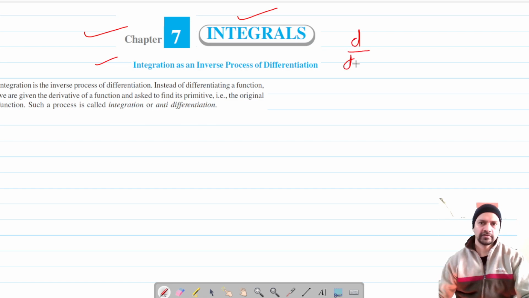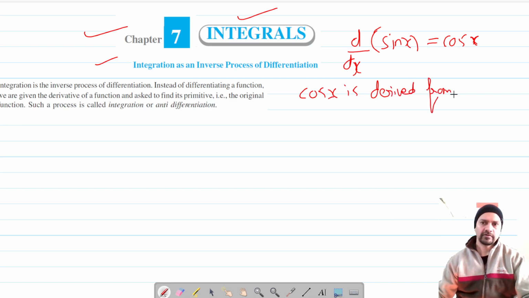Let's say that we know the differentiation of sin x is cos x. And by this, we mean that cos x is derived from sin x.